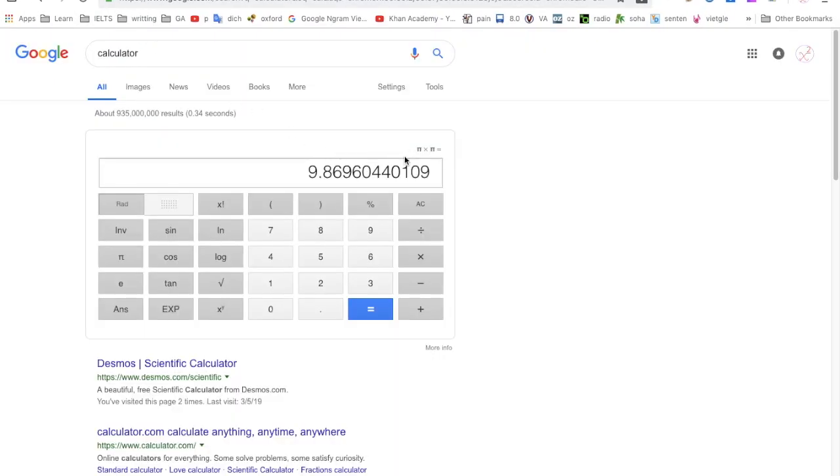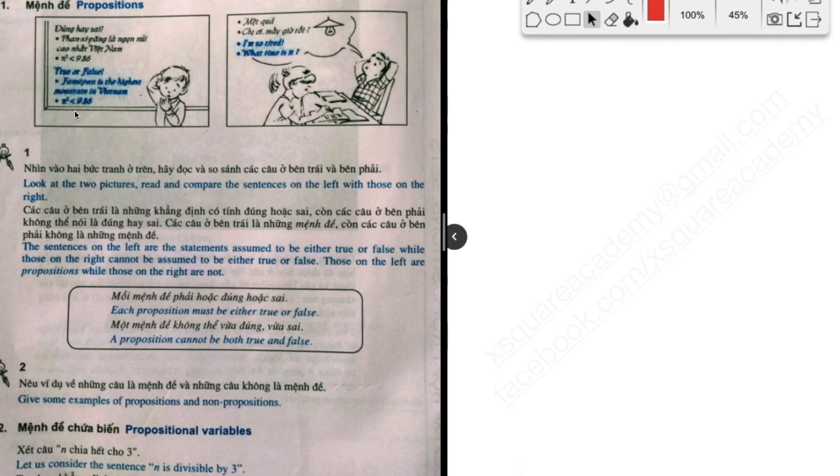You can use your calculator: pi multiplied by pi equals 9.869, which is greater than 9.86. So this statement is wrong, right?